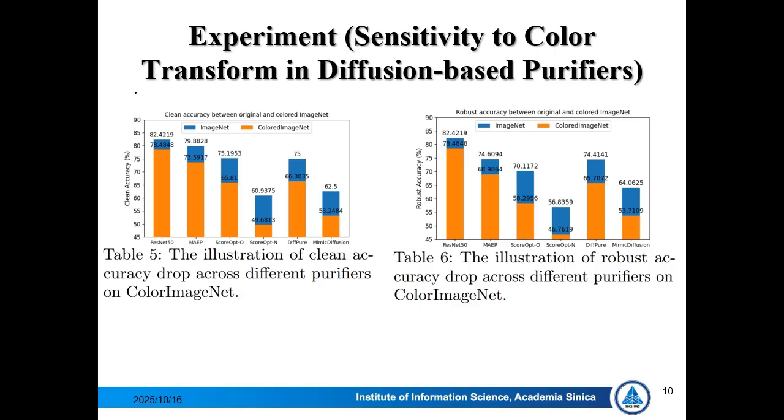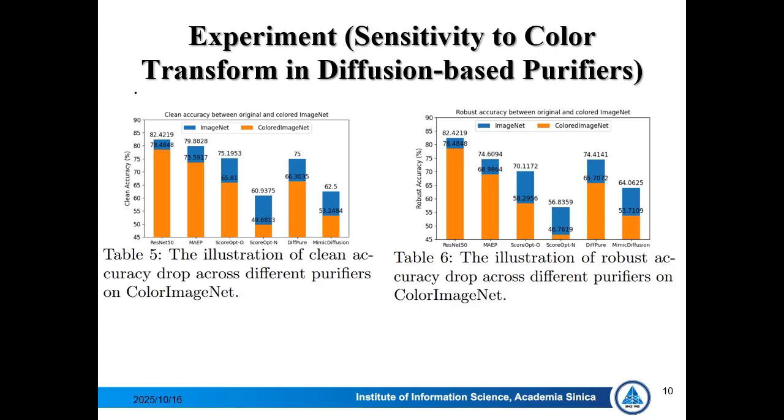In the bar chart, the blue bars represent the results on ImageNet, while the orange bars correspond to the Color ImageNet results. The figure on the left illustrates the drop in clean accuracy, and the figure on the right shows the drop in robust accuracy.